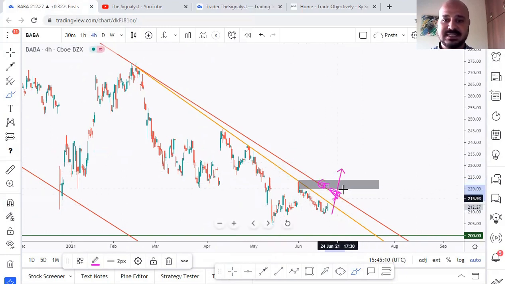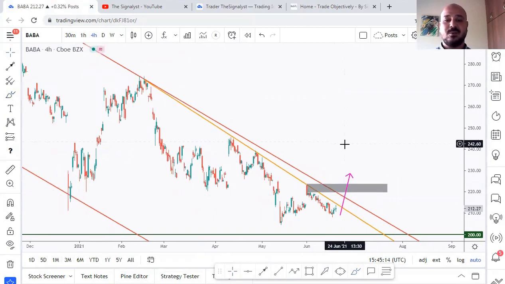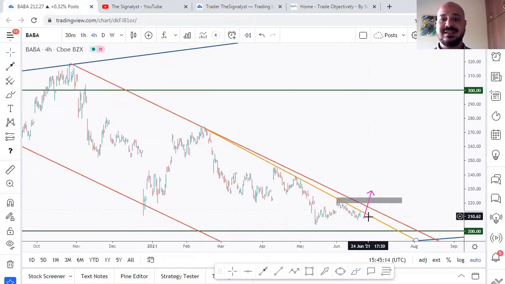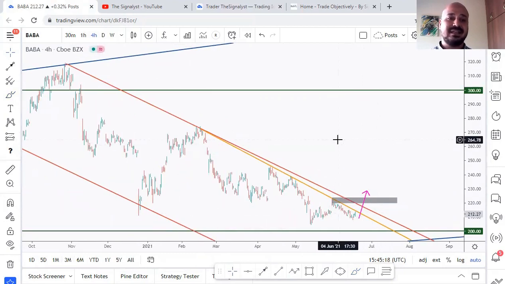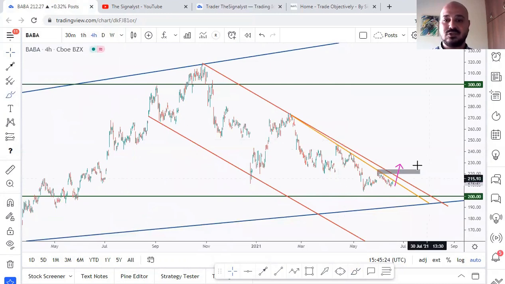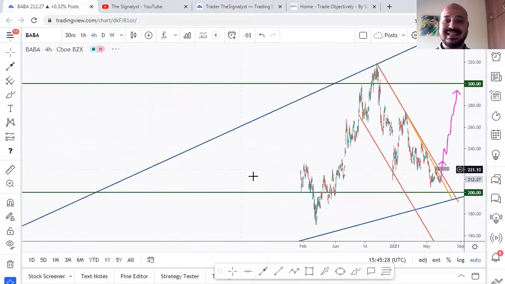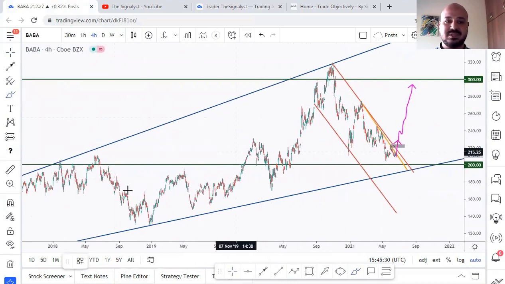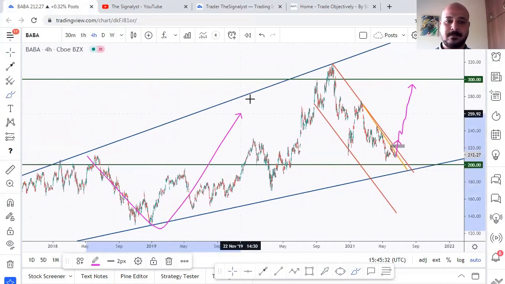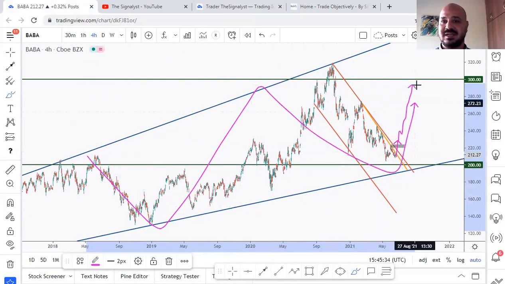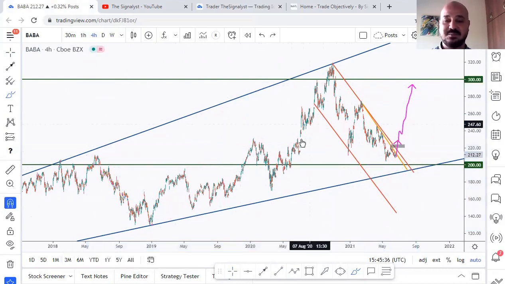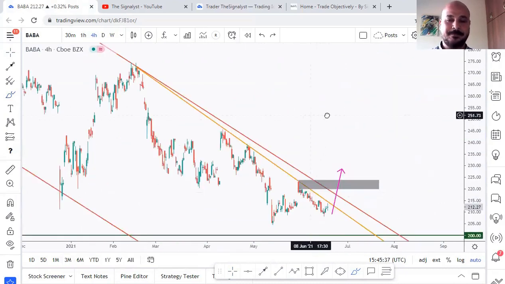Then nothing would be holding BABA back, and we can say that the buyers are taking over, and we expect the bullish movement to start, to catch the next impulse movement that we saw from weekly. So correction, impulse, correction now, and we are planning to catch the next impulse since we are overall bullish.